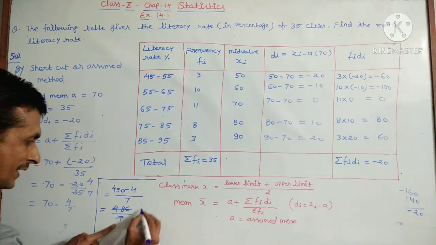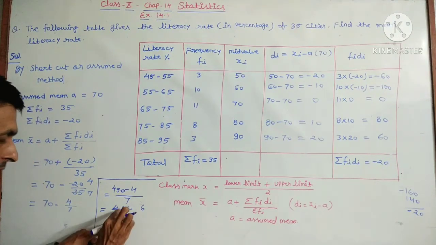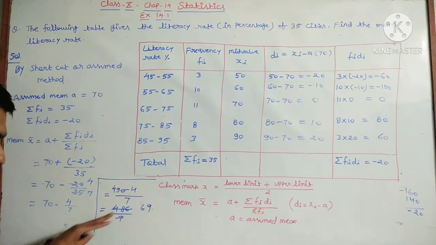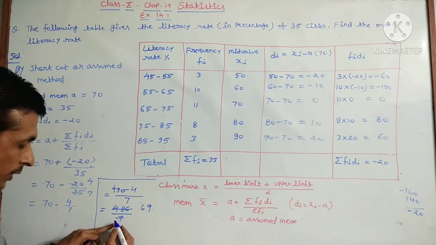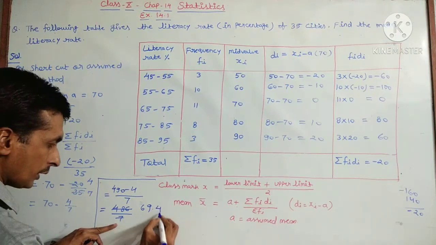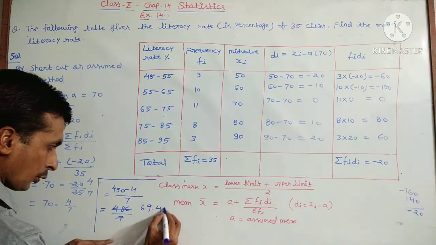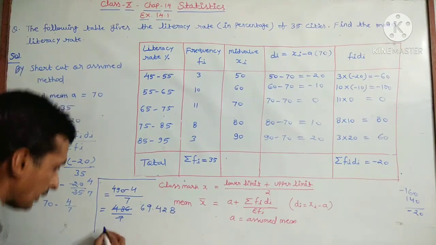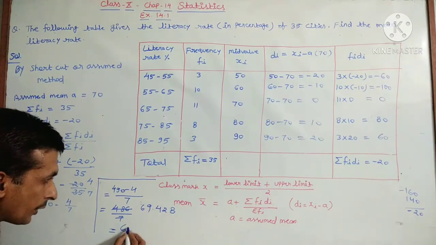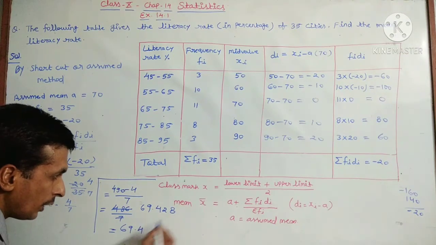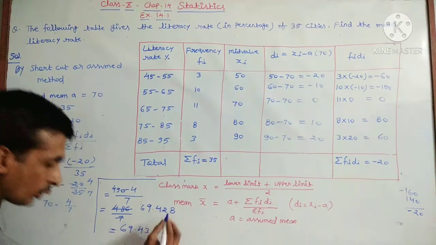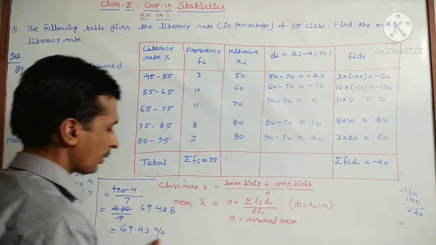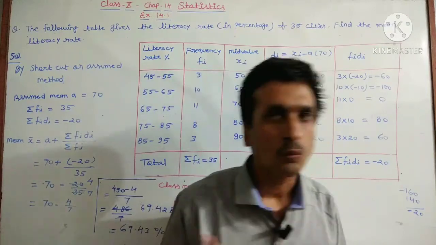So the approximate value is 69.43. You have to remove the extra digit, and this one is the percentage sign: 69.43%.